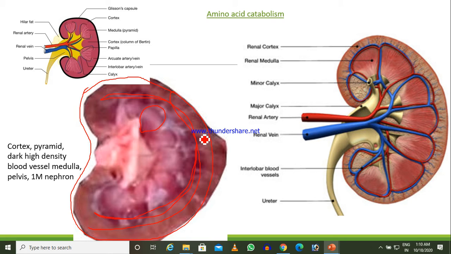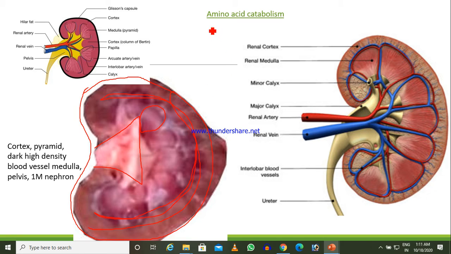That is the medulla, and there is a funnel-shaped region called the renal pelvis. The urine collects there, then passes through the ureter to the bladder, and finally it is excreted.